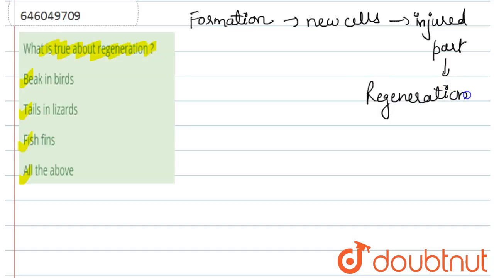Regeneration occurs in plants as well as in animals, correct? So regeneration of beak in birds, tails in lizard, fish fins are the best example of regeneration.